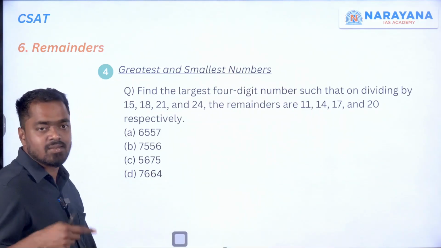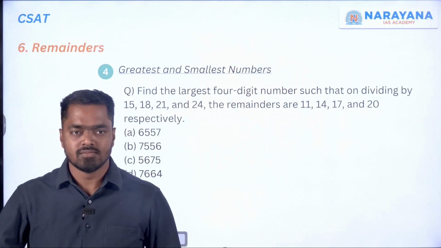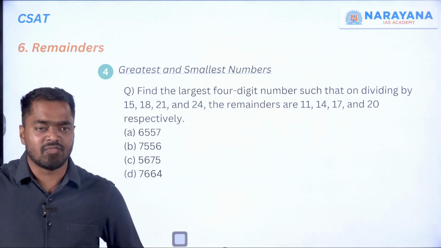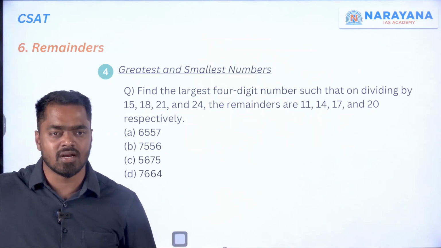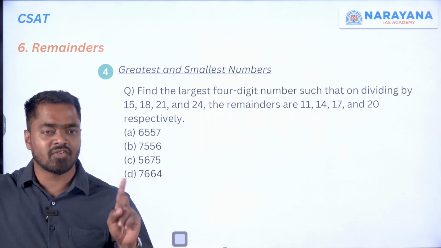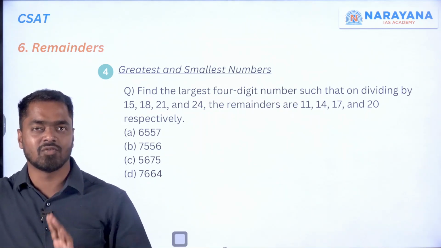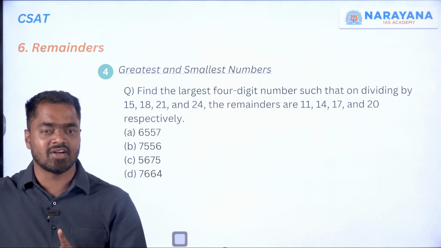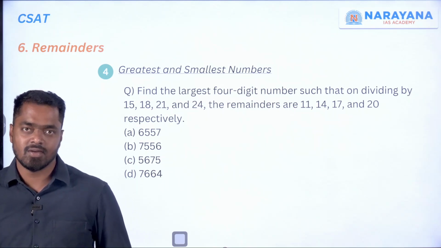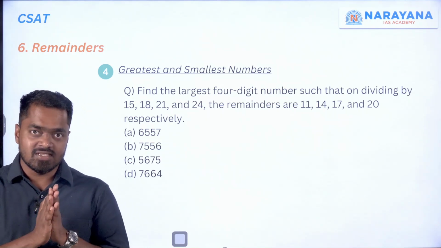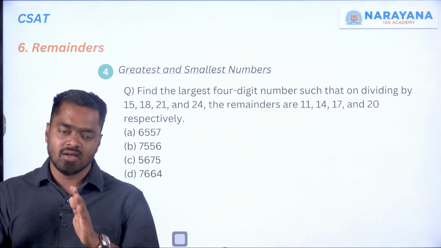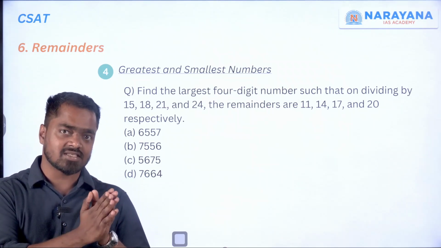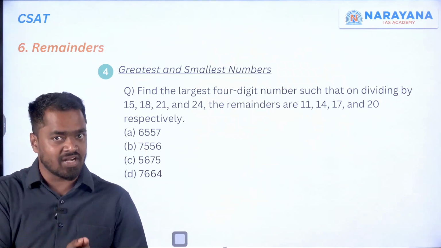Now this is the next model question. Here also it's the same. Find the largest 4-digit number such that on dividing by 15, 18, 21, 24, they leave remainders of 11, 14, 17, 20 respectively. If you consider how the questions are progressing, in the previous questions they asked for exactly divisible by the given divisors.